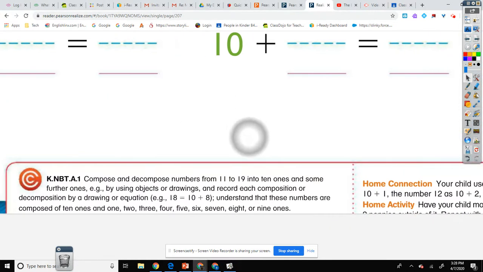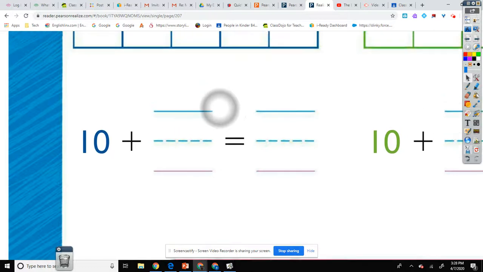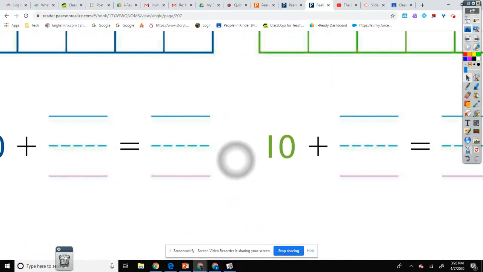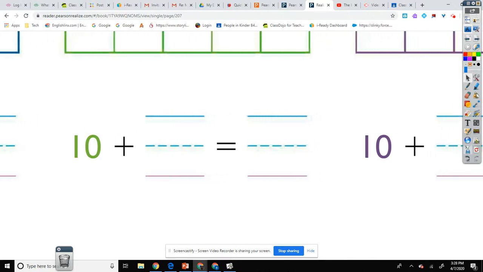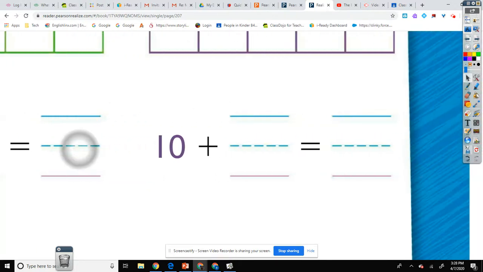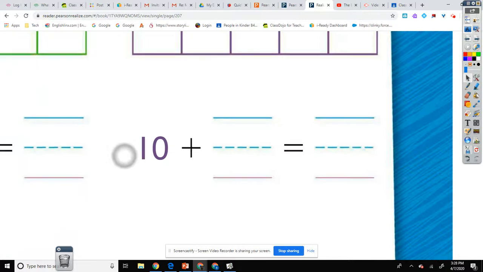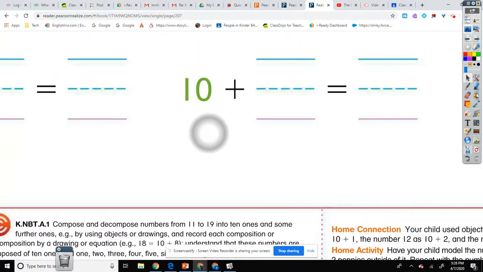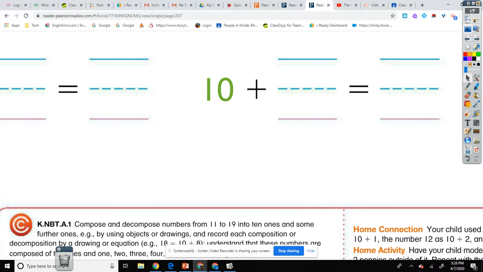Now let's come to this. Right here, you have the 10 frame, 10 plus blank equals what? We know the what is because they mentioned the 3 numbers: 11, 12, and then the other one is 13.